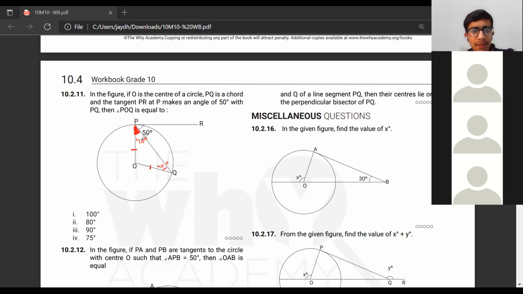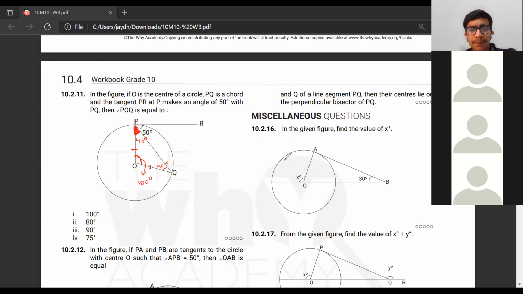So since this is 40, this will also be 40. After that you just have to apply the angle sum property, and clearly this particular angle will be equal to 100 degrees.